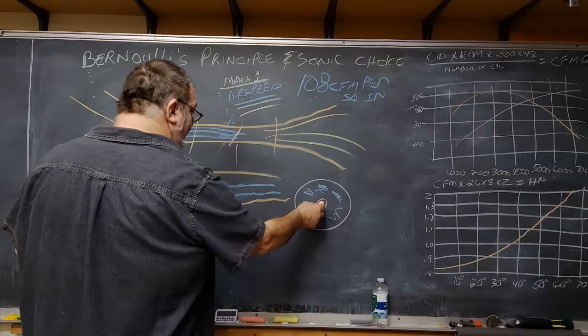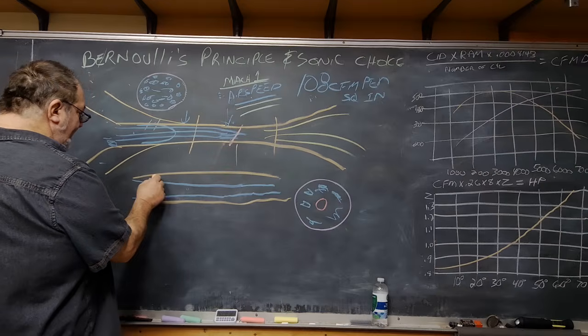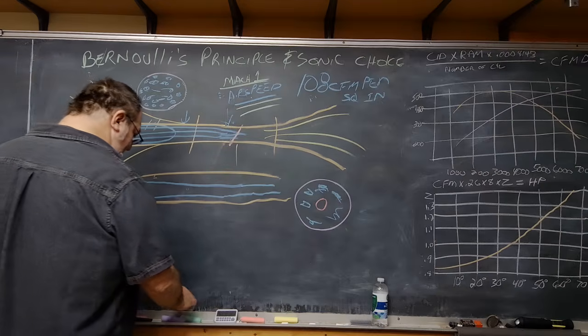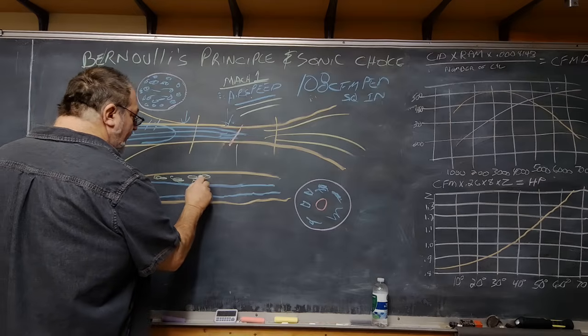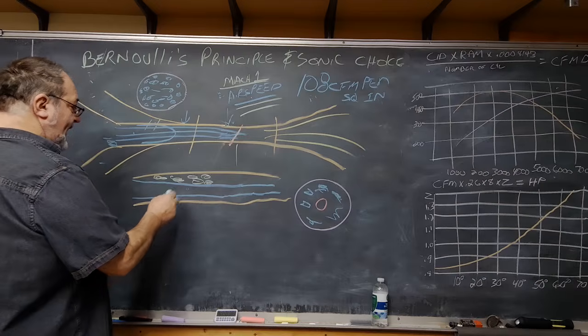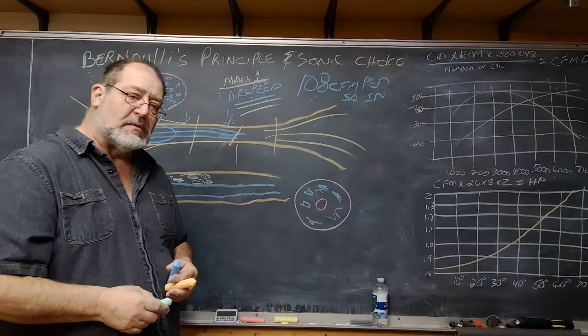Yeah, on this sonic choke, it's about the boundary layer, because as you speed up, this boundary layer in here gets thicker and thicker. Now, the texture on your wall will affect that.